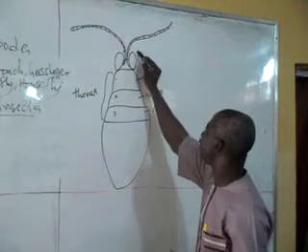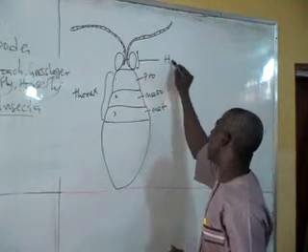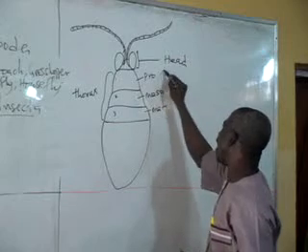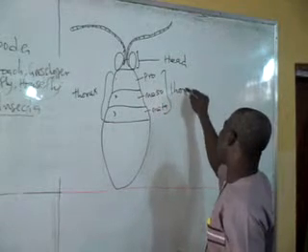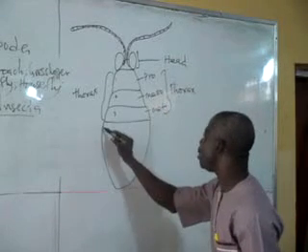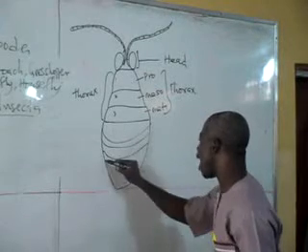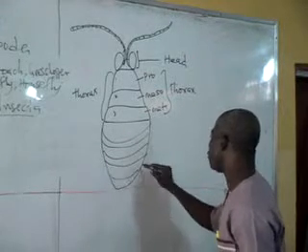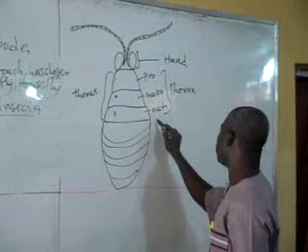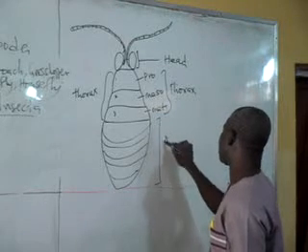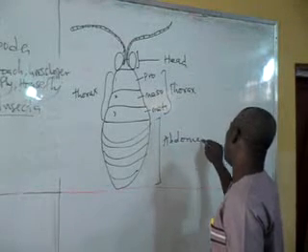The head, and the thorax. Then we have the segmented abdomen. So this region represents this abdomen.